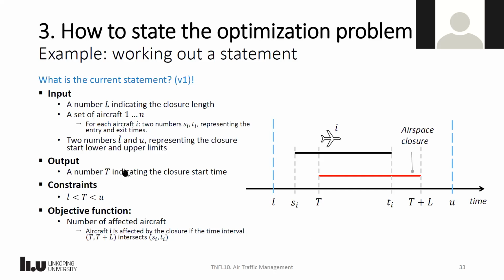That could be a question that may arise. For example, is it okay to say that we have to close the airspace at minute 5 with 32 seconds and 1 millisecond or something like that? Maybe we have to give an integer for that time. So maybe in intervals of 1 minute or in intervals of 5 minutes, whatever restriction we may add.